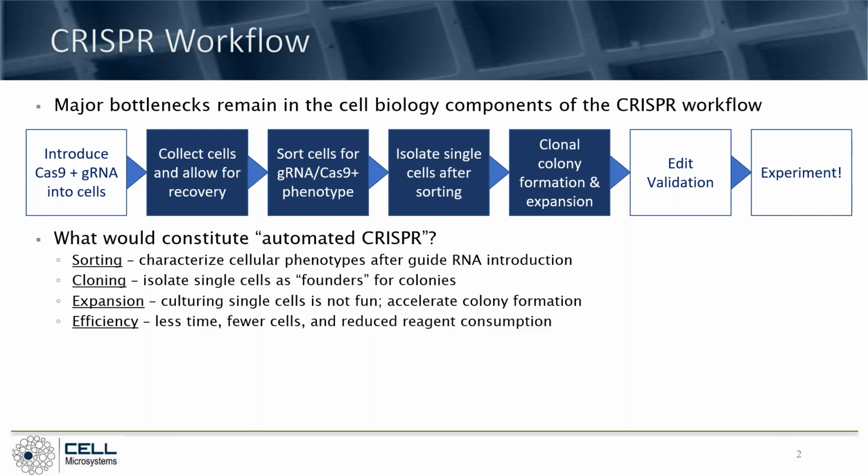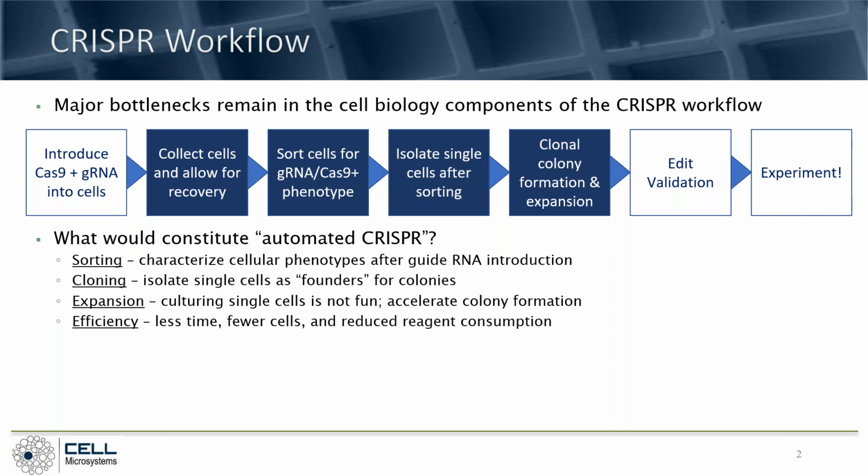I'd like to introduce the idea here of automated CRISPR, and we want to start thinking about what would constitute this idea. We can break it down into four main components. First would be sorting. We'd like to be able to characterize cellular phenotypes after our guide RNA introduction.